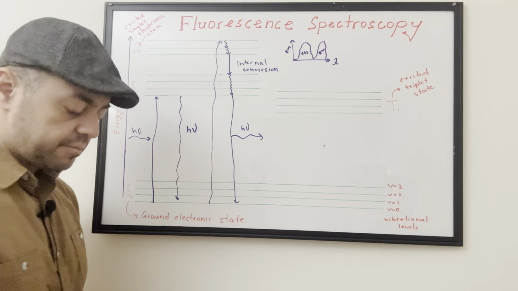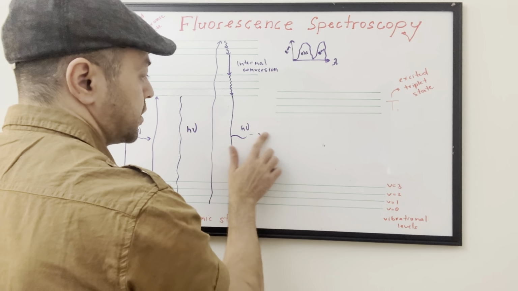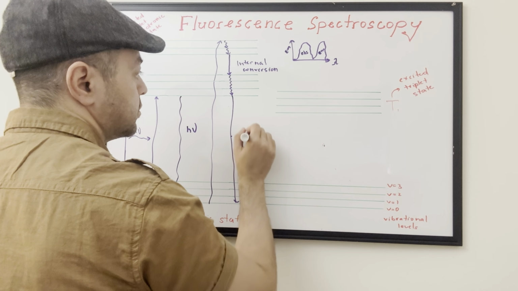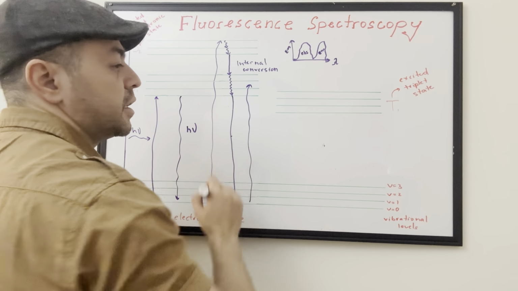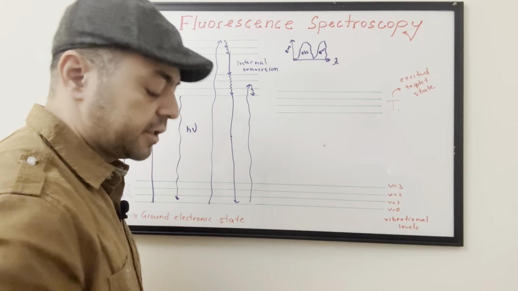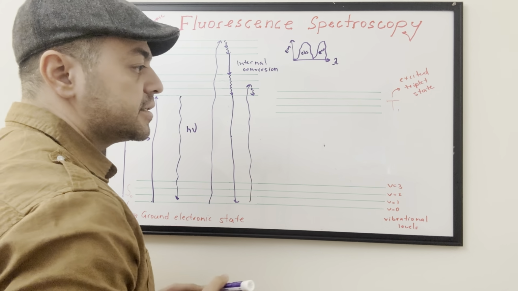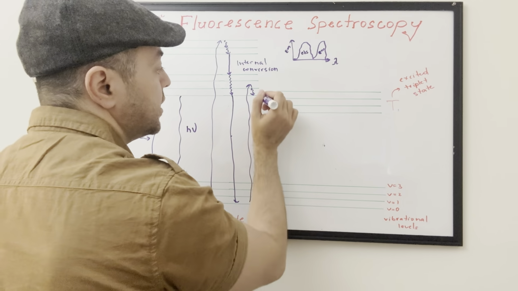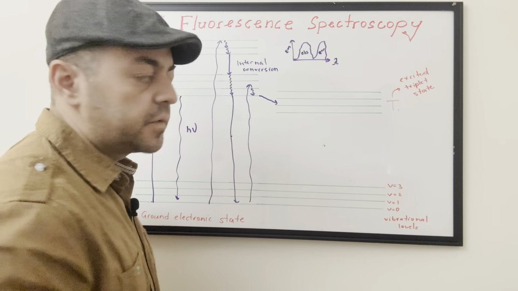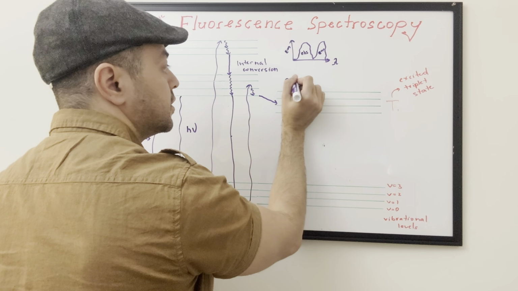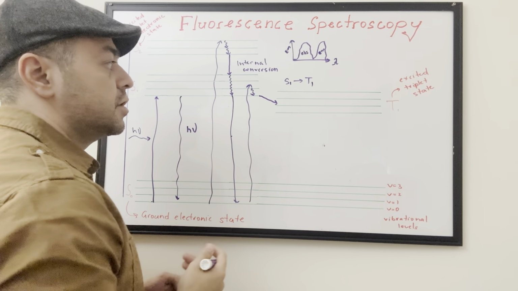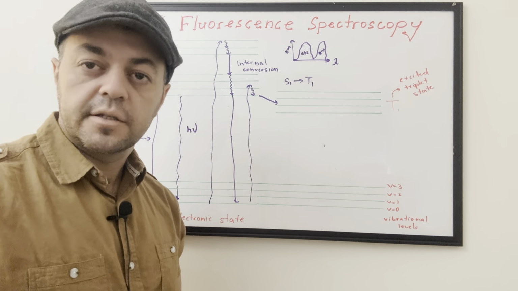Sometimes when we excite the molecule, I'm just going to draw right here again, it goes to the ground level of the excited state, and instead of emitting, it may go from S1 all the way to T1. This is what we call intersystem crossing.